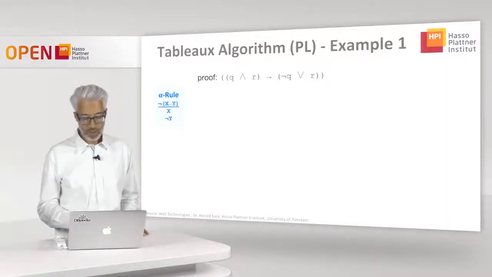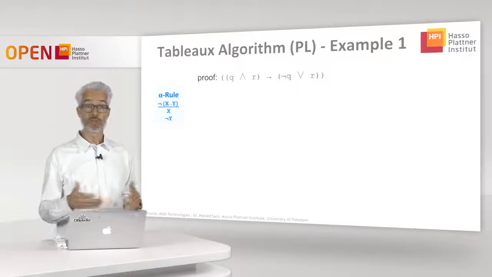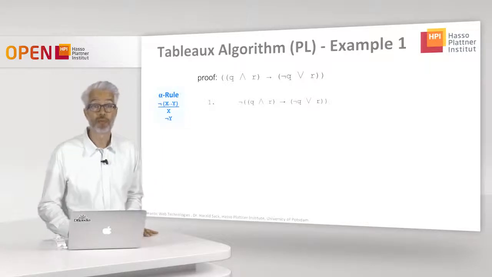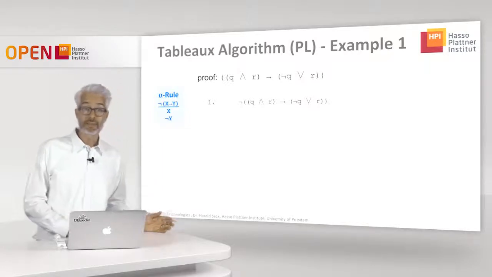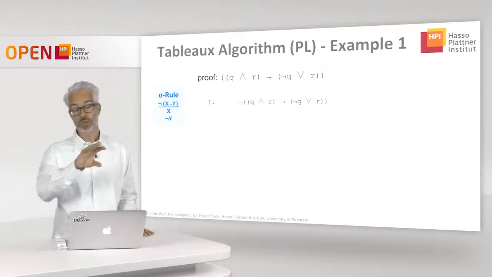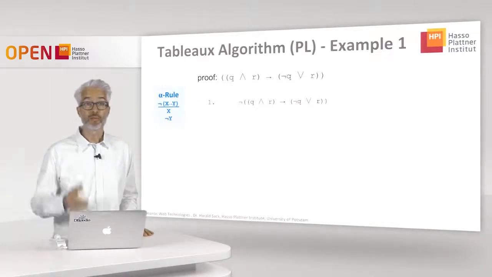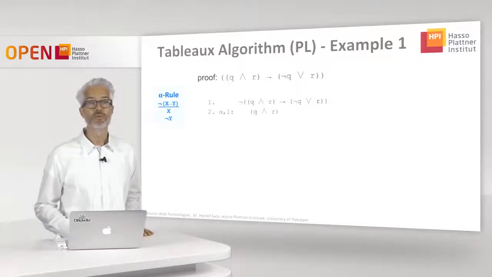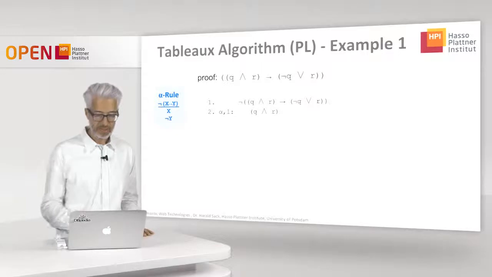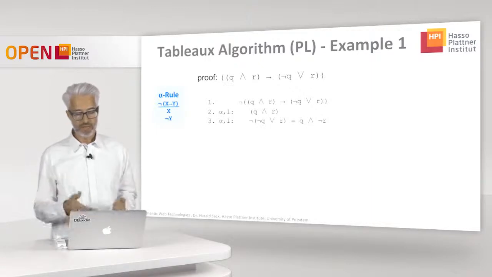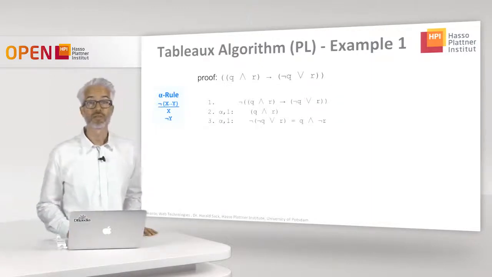Okay, so what we do is we try the tableaux algorithm, and remember, it's proof by refutation. Therefore, in the first place, we have to negate the entire formula. And we see this is a negated implication. Therefore, we can apply one of the alpha rules and extend the tableau, which starts with the entire formula, with x and not y, which means we have the very first part, q or r, and we extend it with the next part, which is not (q or r), and there we apply the laws of De Morgan to that small formula, and then we come to q and not r.